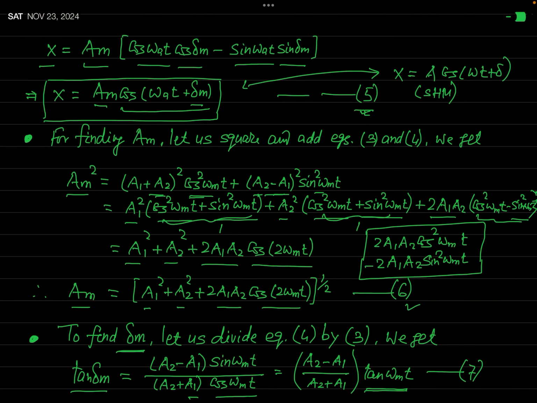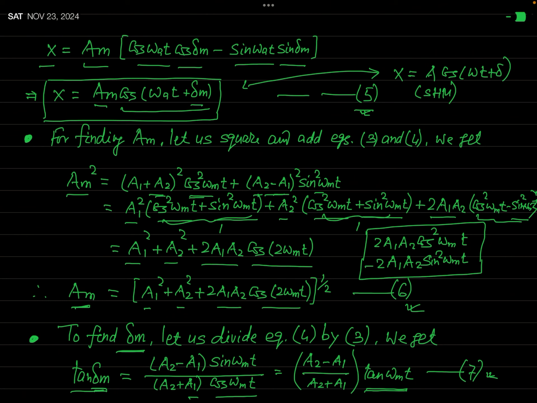So, using equation 6, you can find the unknown A_m, and using equation 7, you will be able to find delta_m. But let us look at equations 6 and 7 carefully. Can you say that A_m and delta_m are constants?